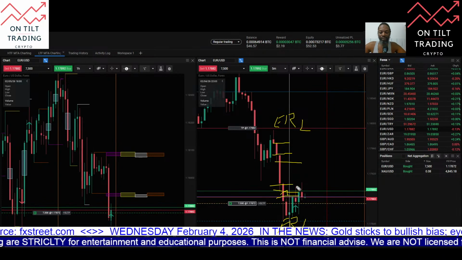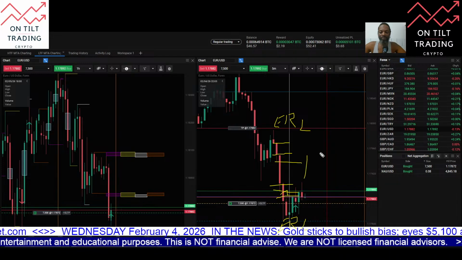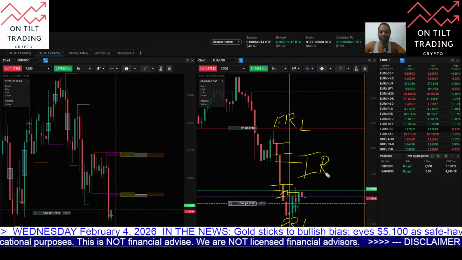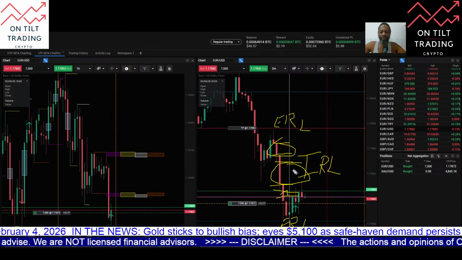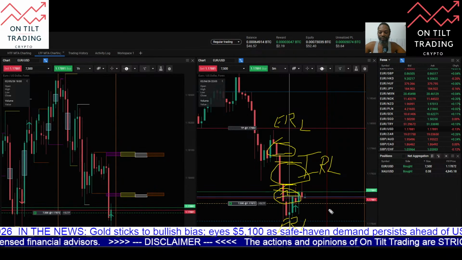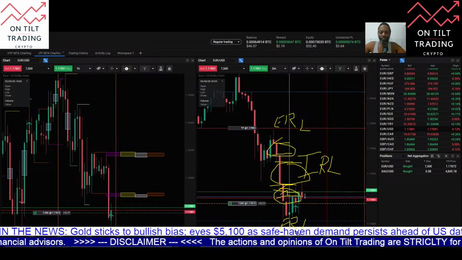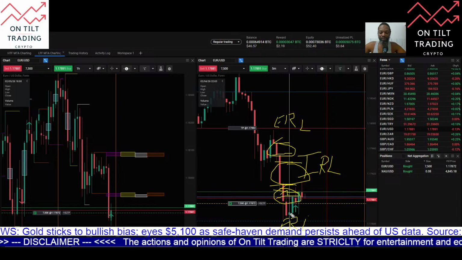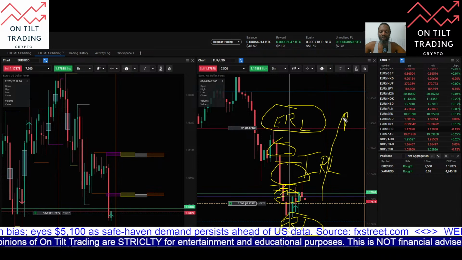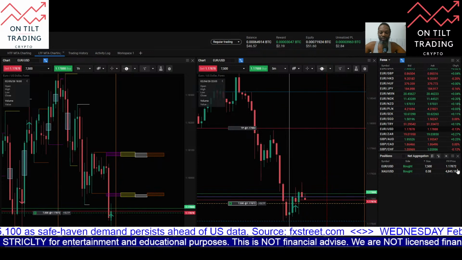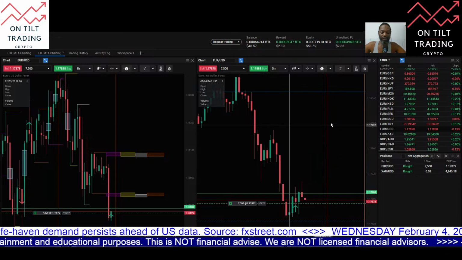So these are all areas of internal range liquidity, or three pools of internal range liquidity right here. And my trade is targeting this external range and trading the range to the opposite end of the external range. This is my trade idea.